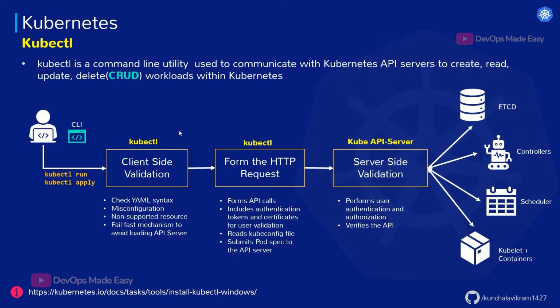Let's assume you gave the correct command, like kubectl get pods, which should list all the running pods in your cluster. This particular command is correct, so the first step is passed. Now the second step. kubectl cannot directly send that API call to the API server without inserting the authentication information: who is the user, and whether they have sufficient permissions or not.